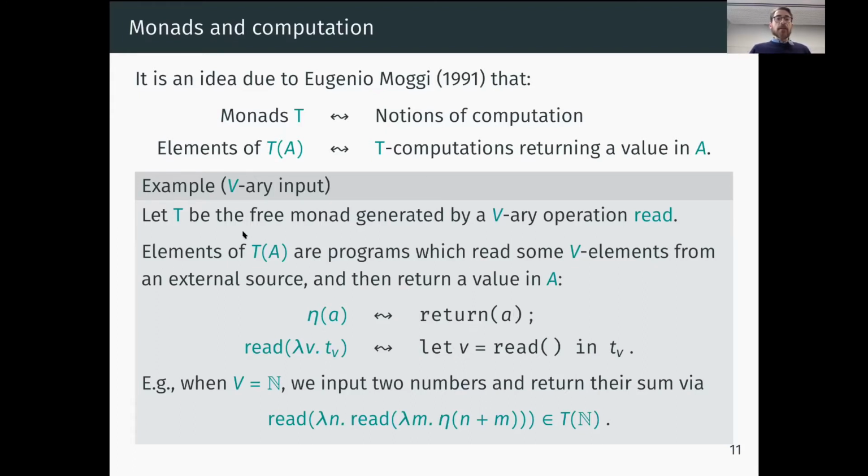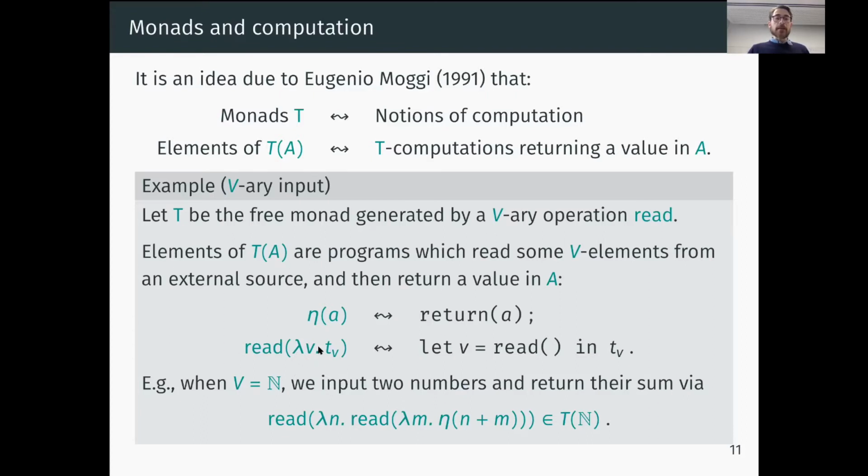Okay? On the other hand, an element of T(A) could be my basic operation read applied to a bunch of other elements of T(A), which I'm calling t_v, indexed by the set V. Okay? Read is a V-ary operation, so it takes V parameters. And so I'm viewing it as a function here from V into T(A).